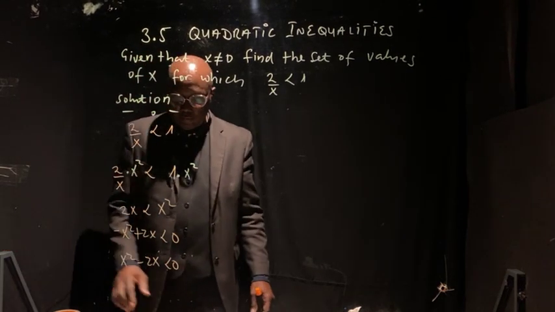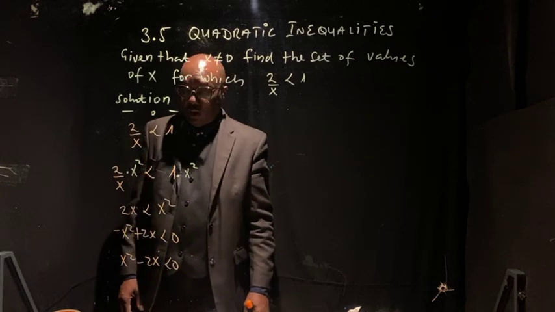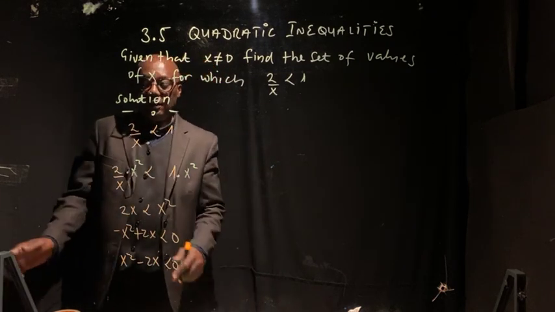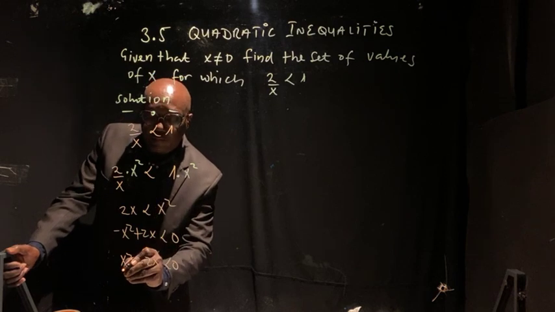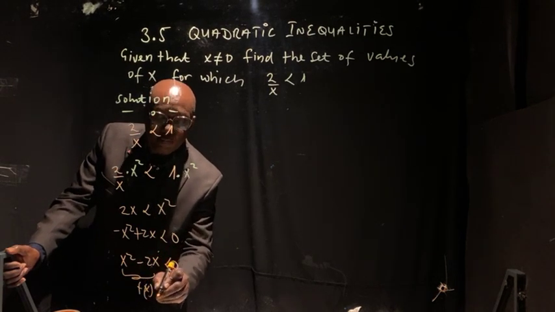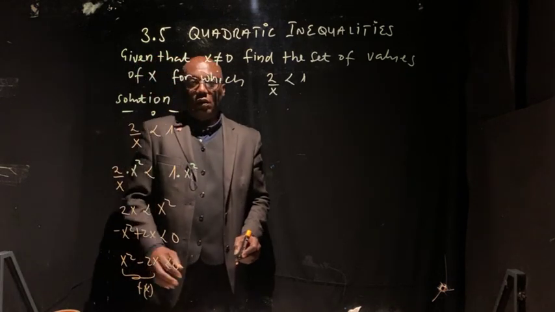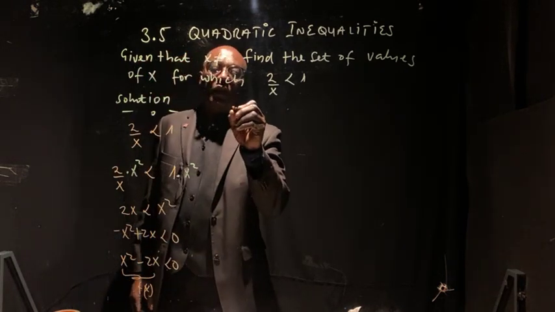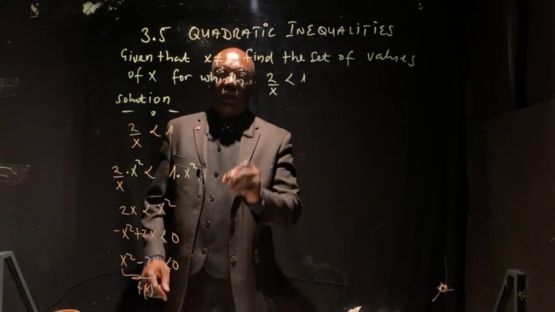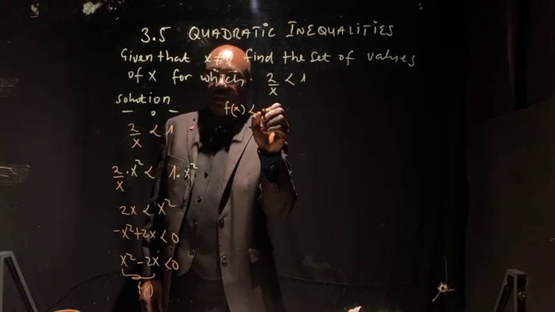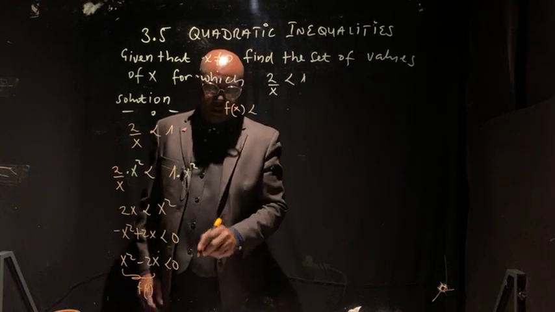Very good. You can see that this expression is f of x, almost. So, we can see that when the left-hand side is f of x, then this expression becomes f of x is less than, oh, sorry.